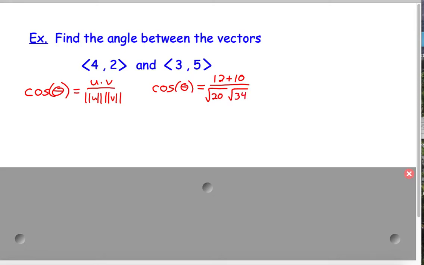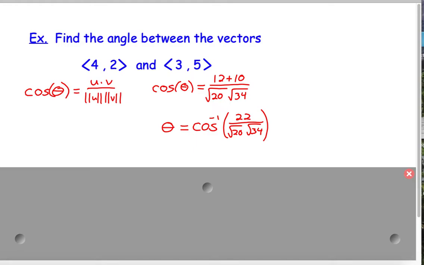And so I've got the cosine of theta is equal to that. So theta will be the inverse cosine of 22 divided by the square root of 20 times the square root of 34. Now, I'm not bothering to try and simplify this fraction at all because I know that it's not a cosine value that we're familiar with, so I'm going to have to use a calculator anyway to figure out what this angle is.